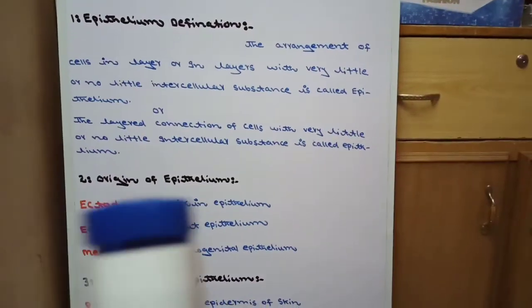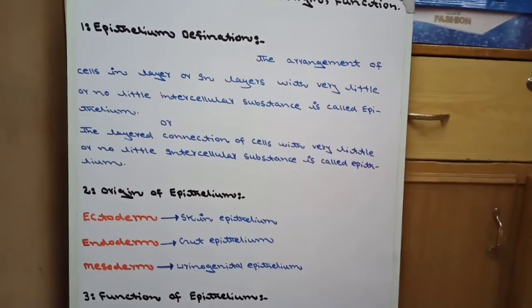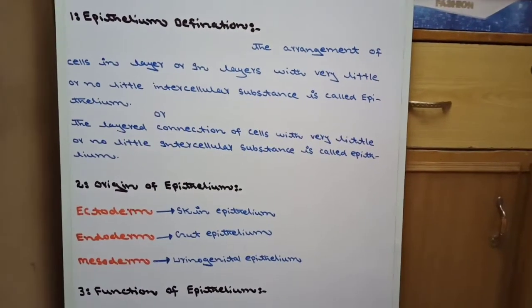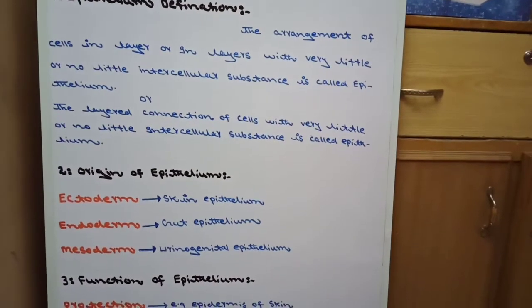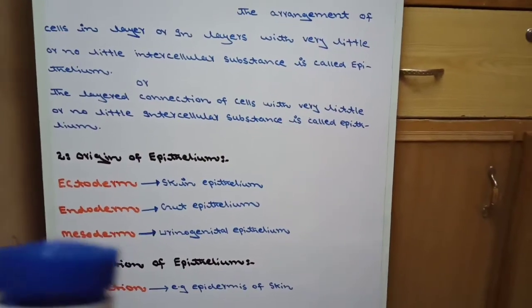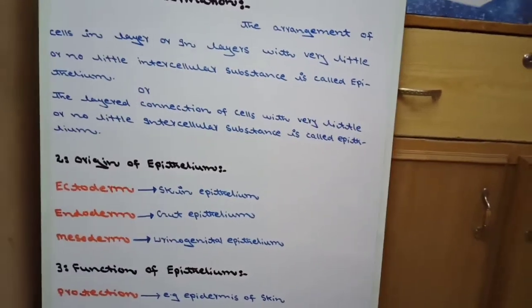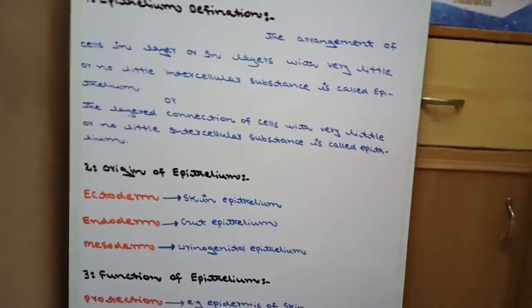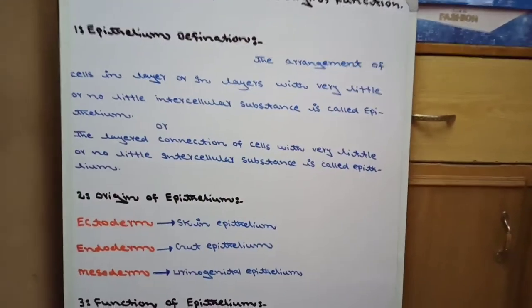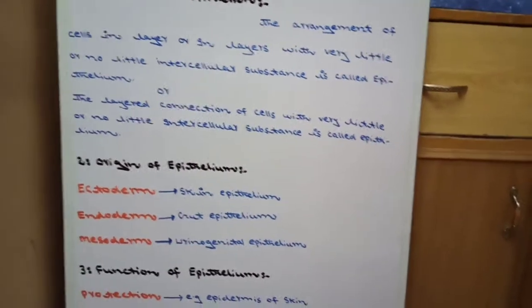Now come to the origin of epithelium. Basically, our body structure originates from three layers: ectoderm, endoderm, and mesoderm. These are the germinal layers through which our body structure originates. Now, origin of epithelium.